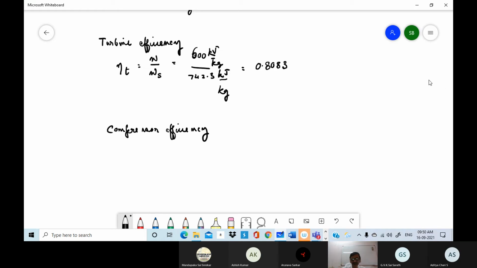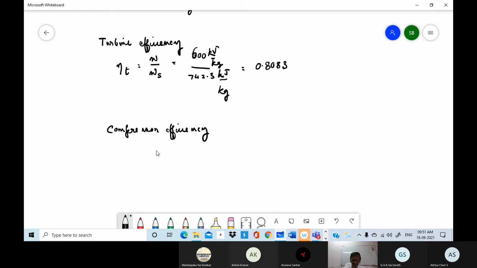Now, for a compressor, the work is the input. So for getting a certain compression, ideally you have to provide a certain amount of work. Because of losses, it turns out that the work which you have to put in is actually more.